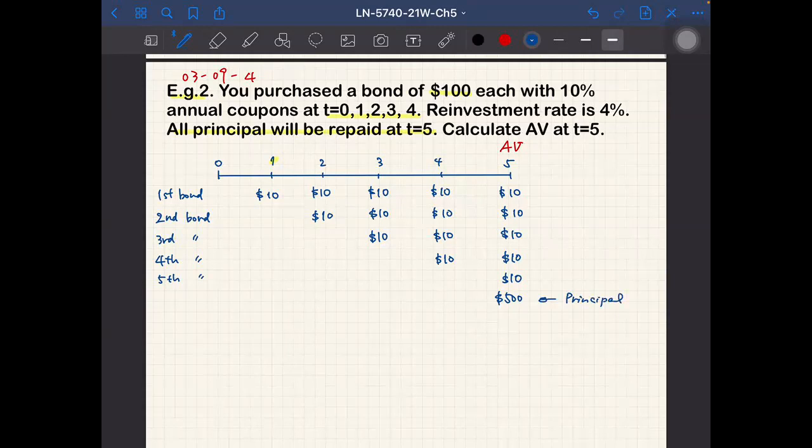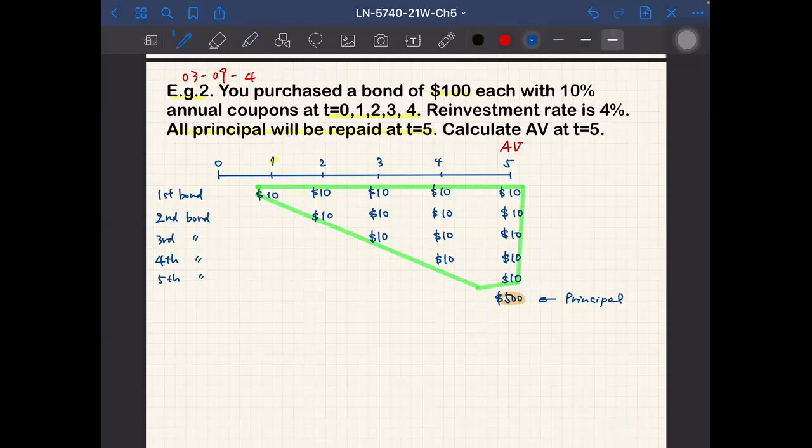Now we can calculate the accumulated value. You can see that this $500 is one thing, and another thing is the payment, a little complicated, but basically $10 at time 1, $20 at time 2, $30 at time 3, $40 at time 4, and $50 at time 5. So this is an increasing annuity.